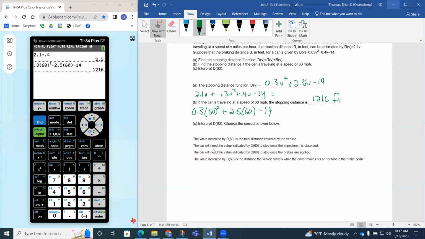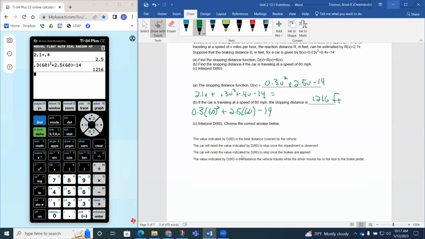That sounds pretty good. The car will need the value indicated by D of 60 to stop once the impediment is observed. That sounds pretty good as well, because this actually includes the impediment.